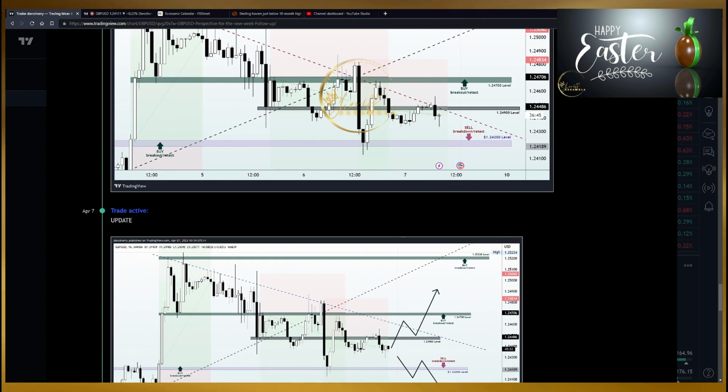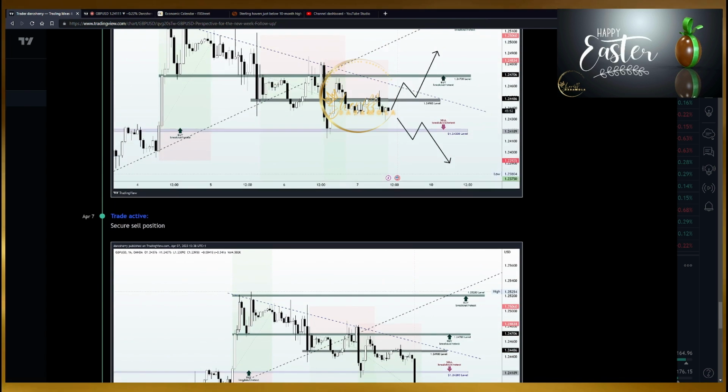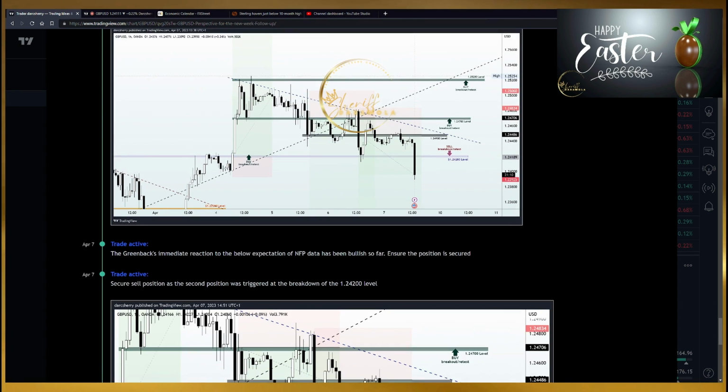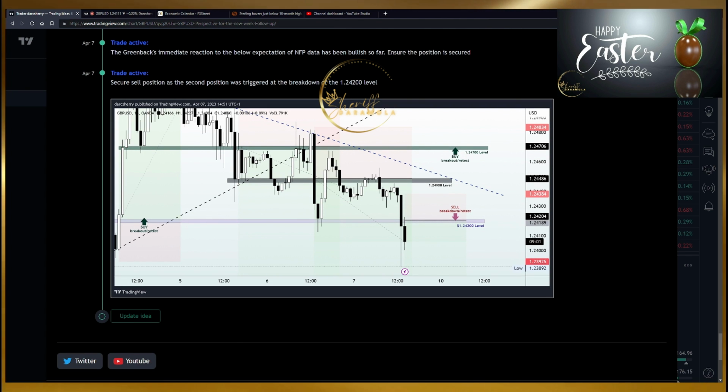Then we anticipated price would continue to the downside or upside with the 1.24900 level and that bearish trend line we identified here as a yardstick to guide our trading activity. And look at what we have here. We saw price action continue. We had two positions, and it was on this note that we ended last week's trading session with a bearish momentum. So this was how last week's trading session went by.